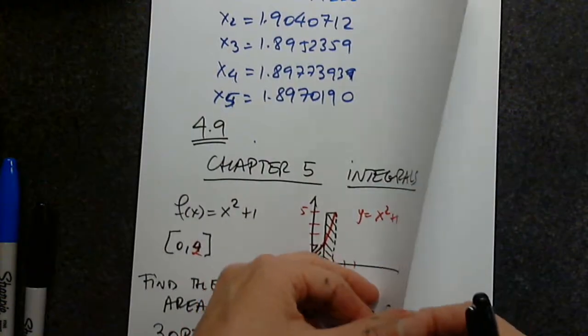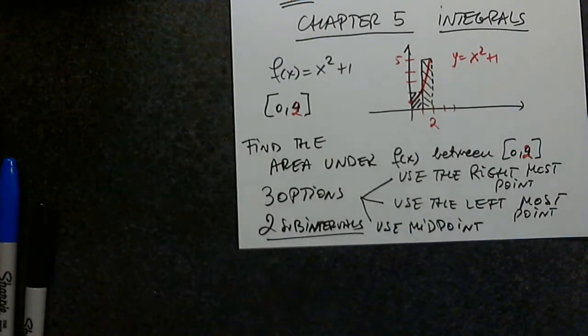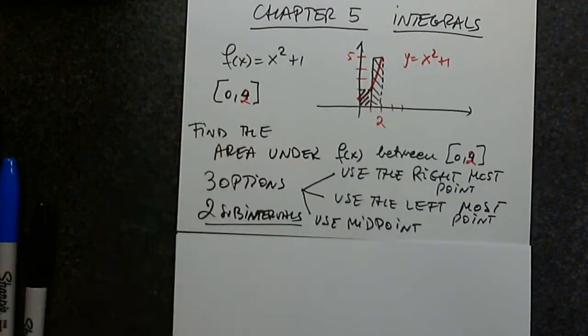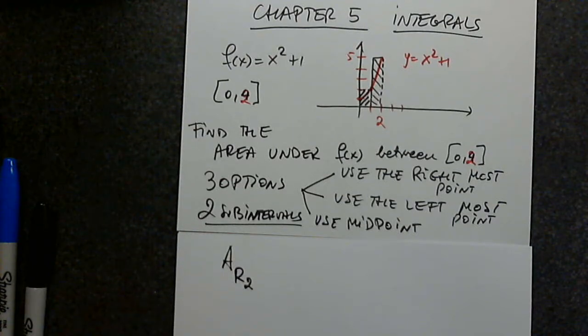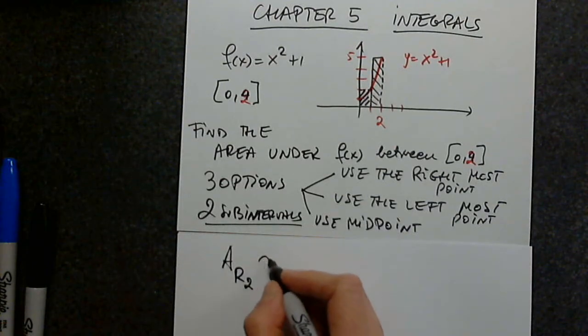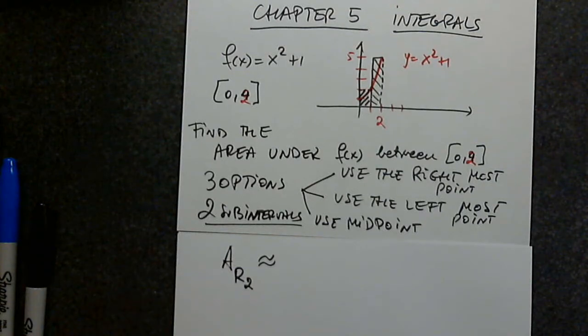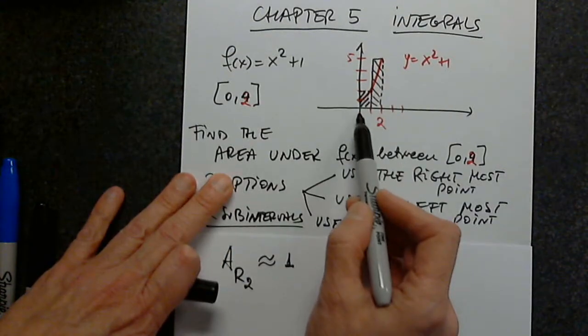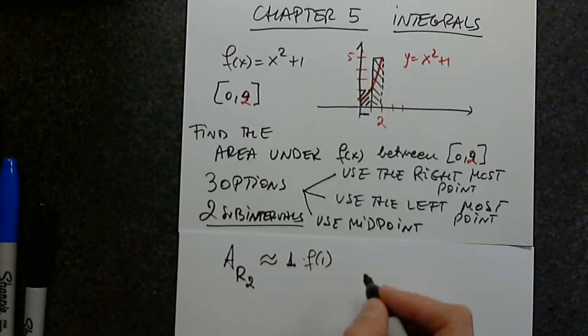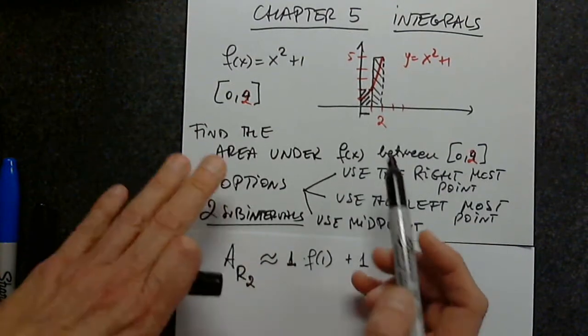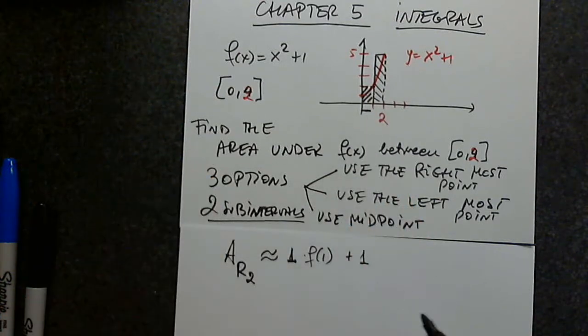So I'm going to write that the area Right 2, using the rightmost point with 2 subintervals, is approximately base times height: 1, because that's the width of the base, times f of 1, plus 1, which is the base of the next rectangle, times f of 2.